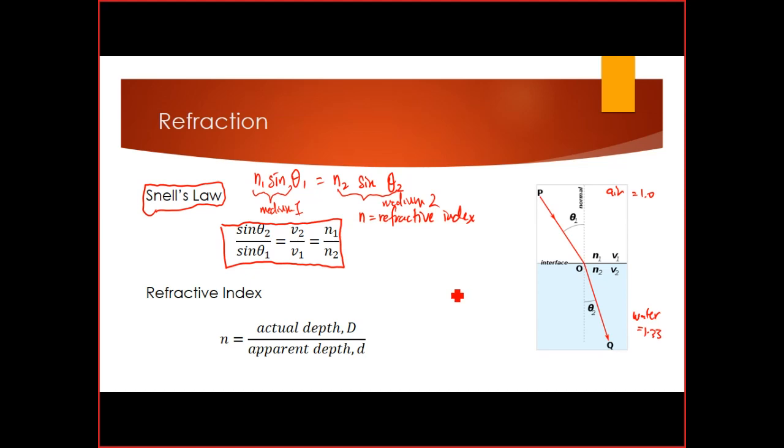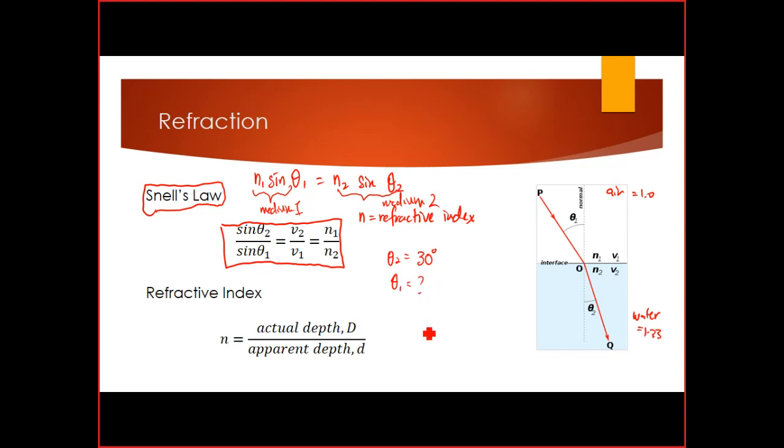A question might ask: this light is passing through air and then gets refracted by the water, and given the angle in the water, theta 2, is 30 degrees, find the value for theta 1.